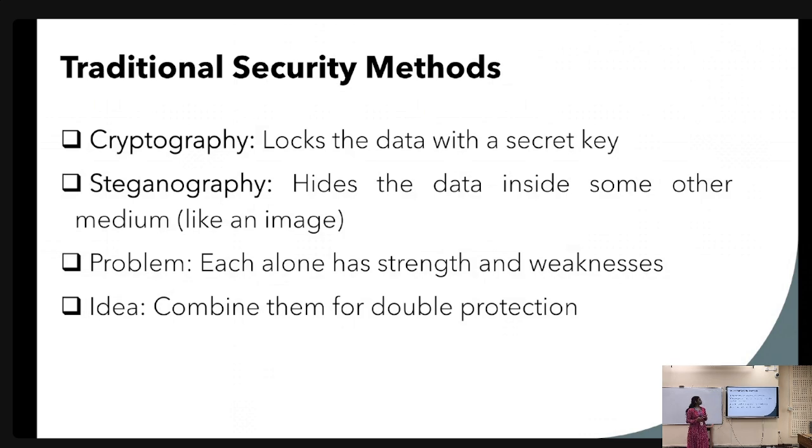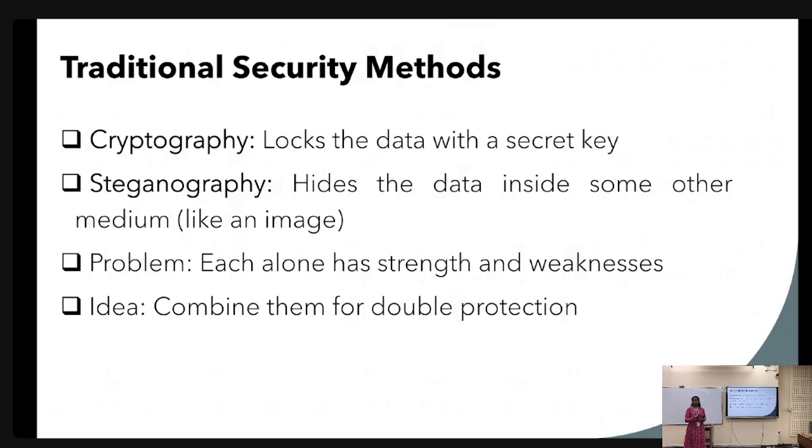This approach hides the data inside some other medium, which can be an image or video or anything, so that the resultant object looks exactly like the cover medium. Visually, no one can tell something is hidden behind. Each approach has its own strengths and weaknesses.